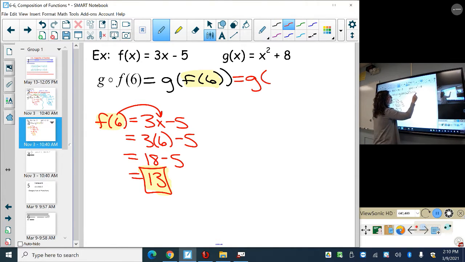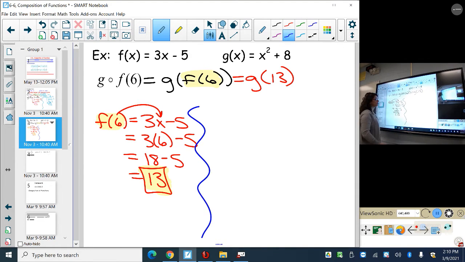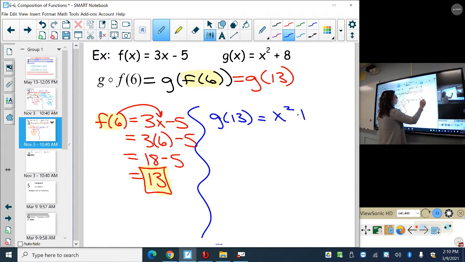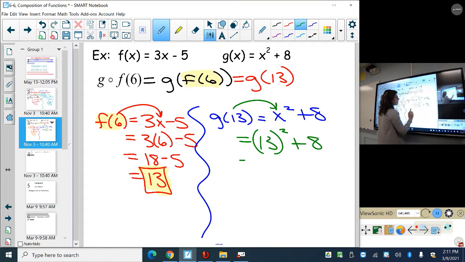So that's going to be g now at 13. So now I'm going to do g at 13. g is defined to be x squared plus 8. That's what we got from the beginning of the problem. Every place you see an x, you are going to plug in 13. 13 squared plus 8. 13 squared is 169. Plus 8 is going to give you 177.